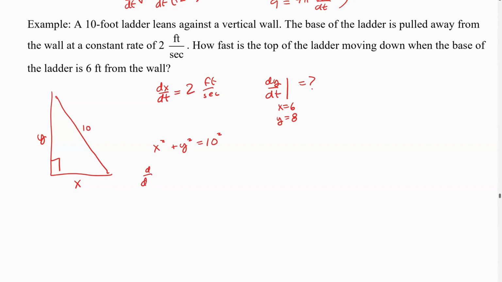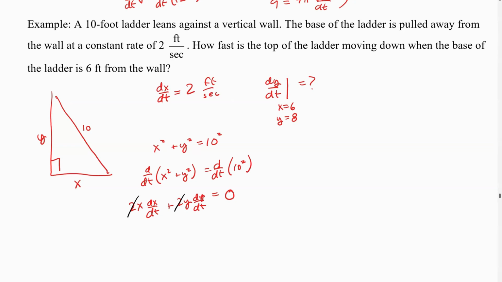Derivative with respect to t of both sides of the equation. Derivative of a constant is 0. And here I've got 2x dx/dt plus 2y dy/dt. Divide everything by 2, those go away.